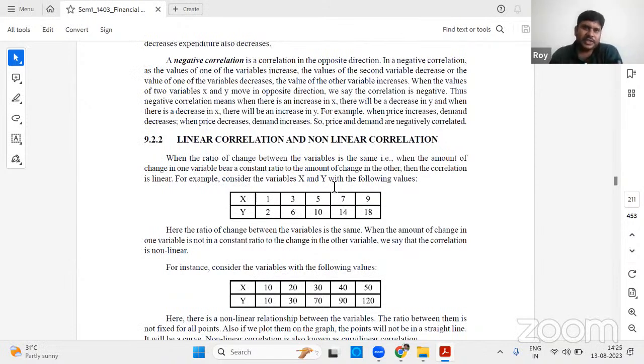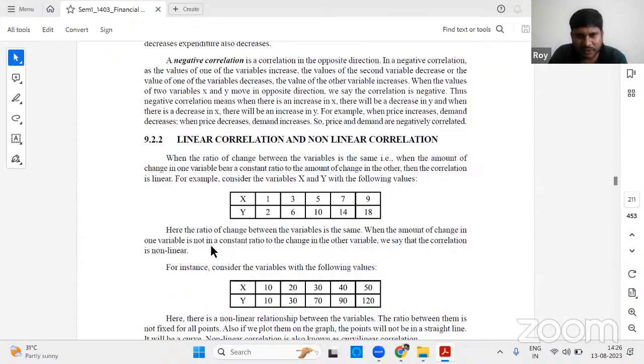When the amount of change in one variable bears a constant ratio to the amount of change in another, then the correlation is linear. For example, x and y with the following values. Here, the ratio of change between the variables is the same.